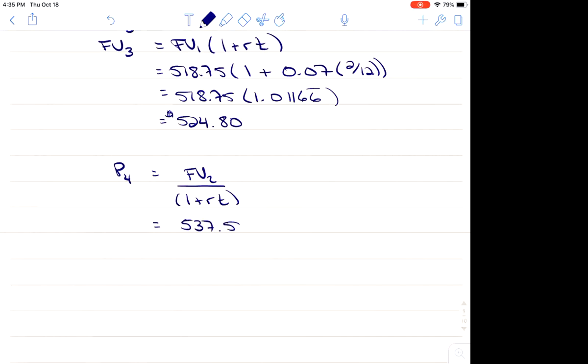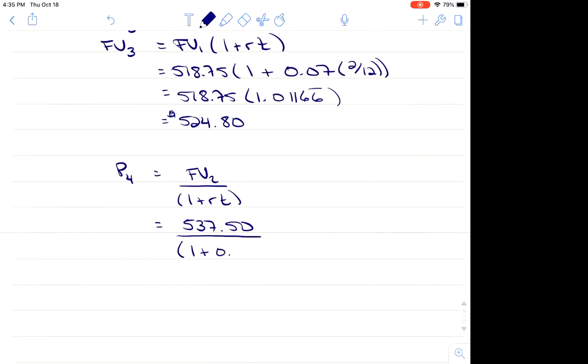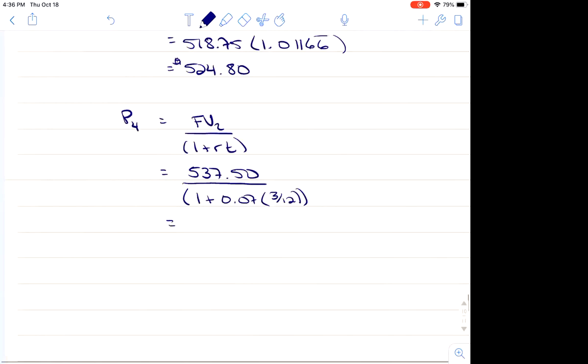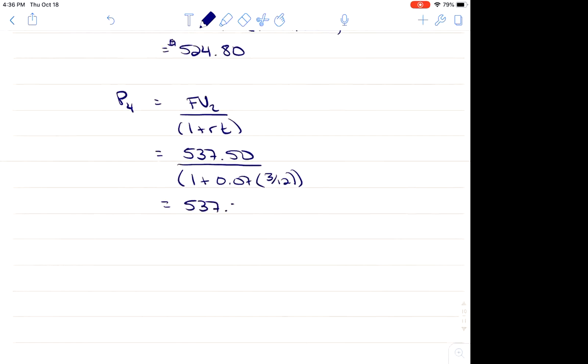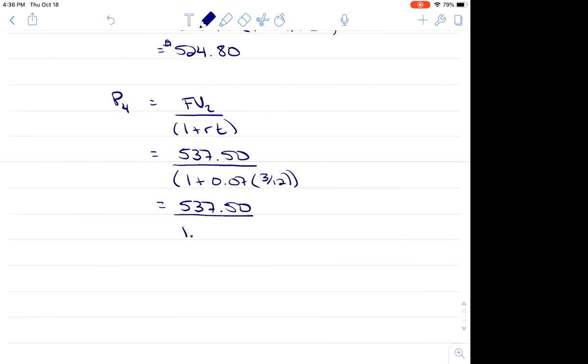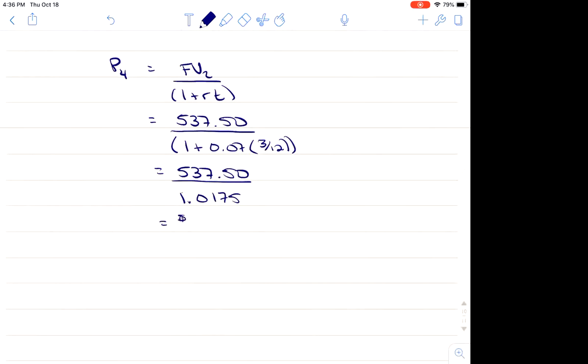So 537.50 over 1 plus, the rate is 0.07 now, and it was 3 months. Okay, 3 out of 12 times 0.07 plus 1 is 1.0175. So 537.50 over 1.0175, I get 528.26.